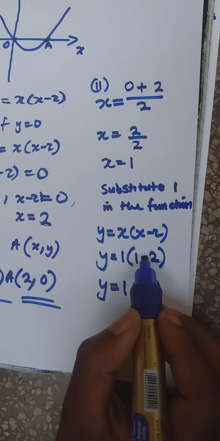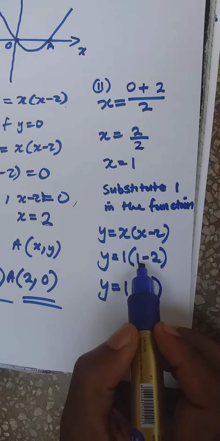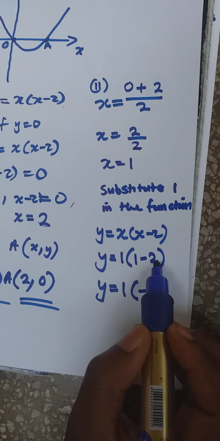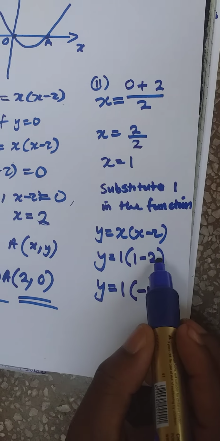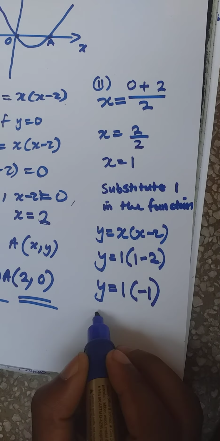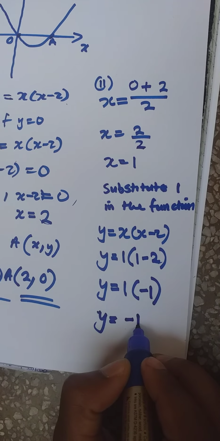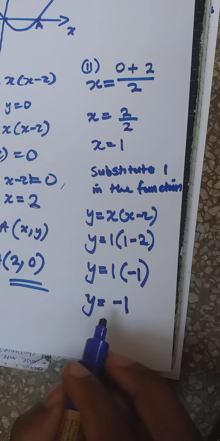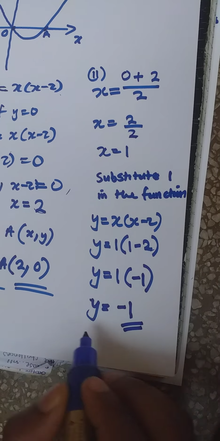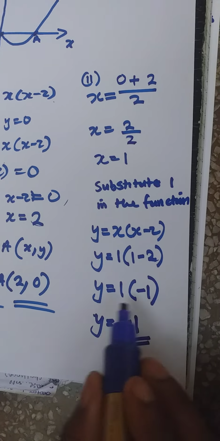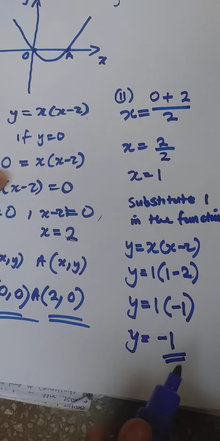When you have two numbers with different signs, you subtract the smaller number from the bigger number, and the answer gets the sign of the bigger number. So y is equal to 1 times negative 1, we get negative 1. So this is our answer for part 2b, the value of y for the turning point.